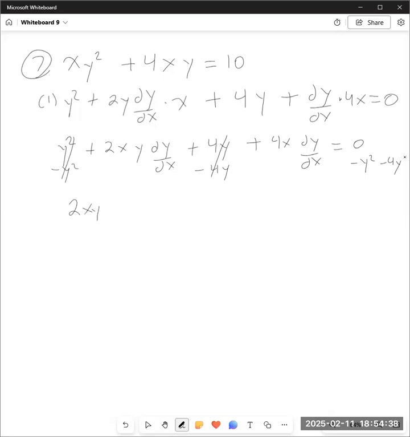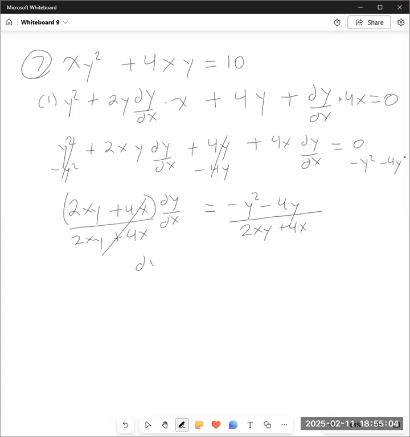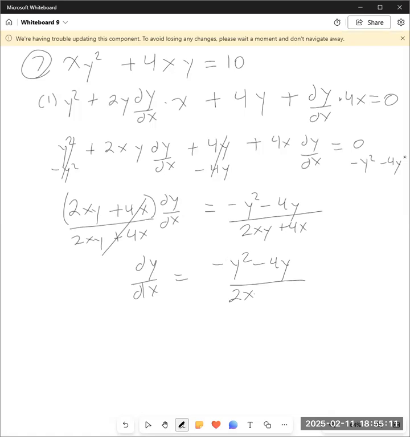We have 2xy plus 4x dy dx on the left is equal to negative y squared minus 4y on the right. So divide by 2xy plus 4x, and dy dx is equal to negative y squared minus 4y over 2xy plus 4x.